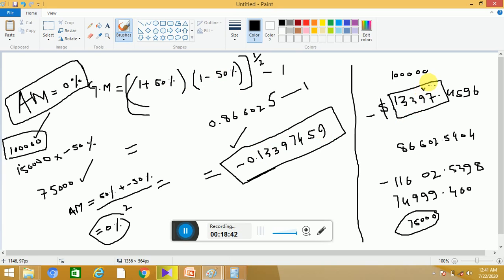So when we calculate on 1 lakh, first year there is a loss of 13,397. Then the amount becomes 86,602.540.